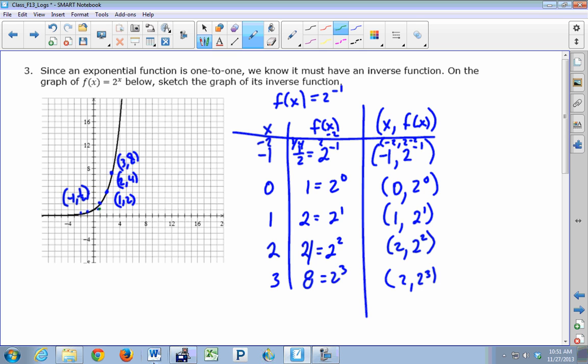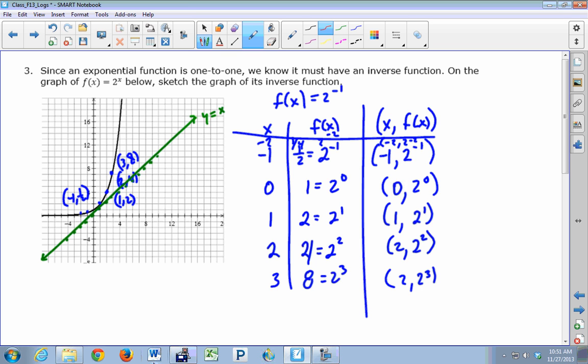We'll put our line y equals x in. Okay. So there's the line y equals x. And now I just reflect these individual points right across the line y equals x.